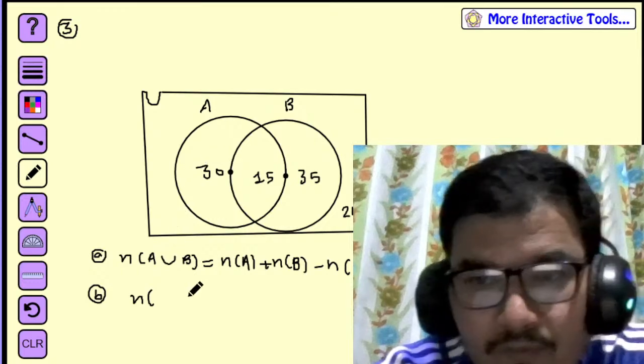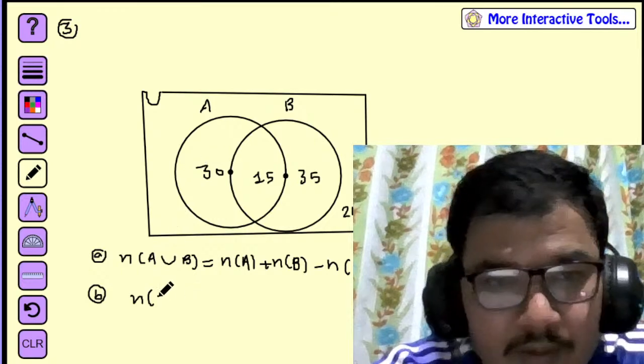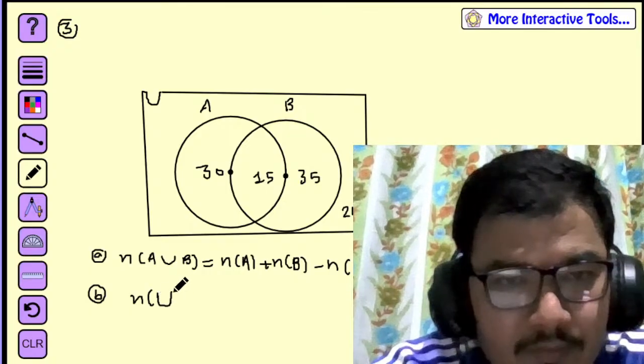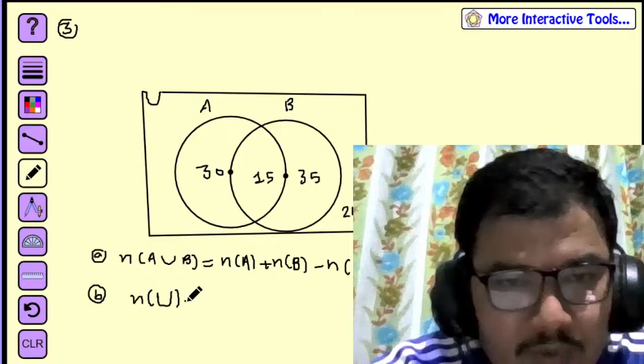If it is asked to find n(U) in this universal set, in such a case, what will you do?